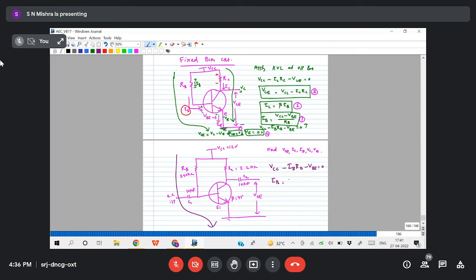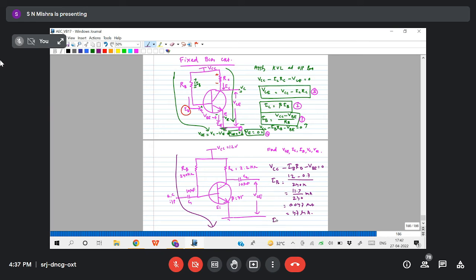So IB equals 12 minus 0.7 divided by 240K. 11.3 divided by 240 milliampere, because I took the kilo up, it becomes milli. So 11.3 by 240 is 0.047. Make it micro: 47 microampere. IB should be expressed in microampere.